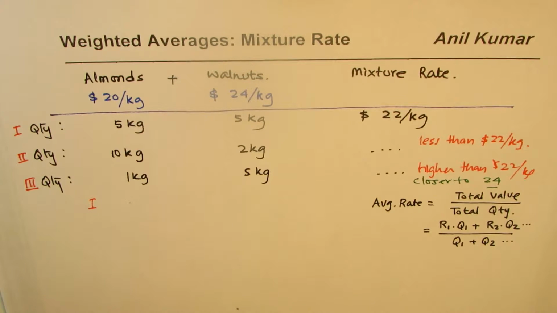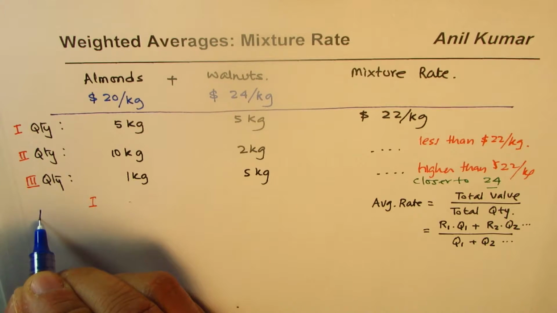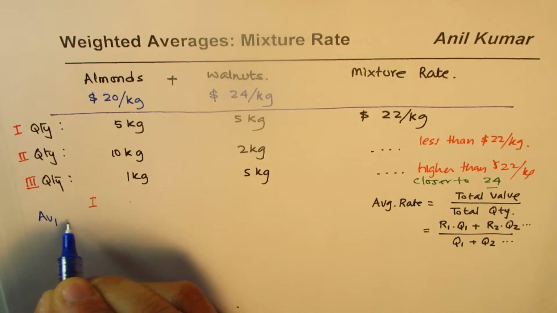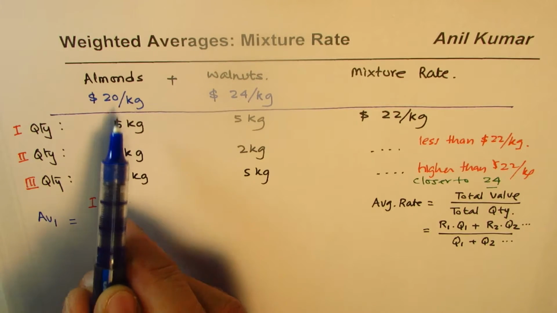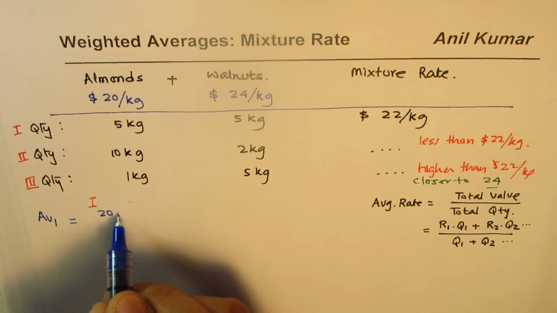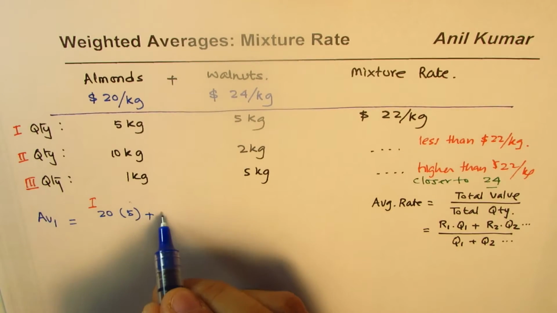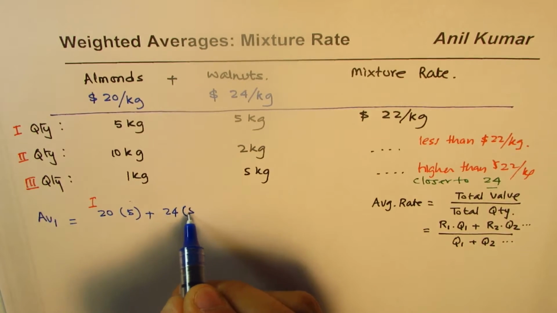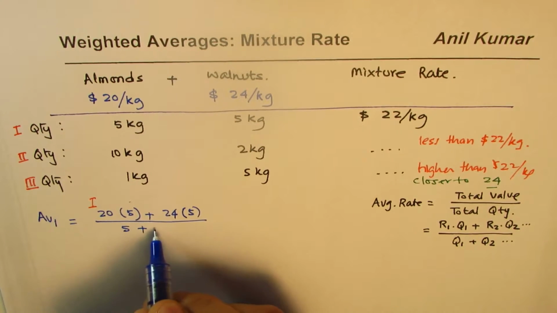I've taken very simple values to understand the concept. So in the first case, let me call this the average rate for the first case. We'll multiply the rate with the quantity: 20 times 5 plus 24 times 5, divided by the total quantity, which is 5 plus 5.